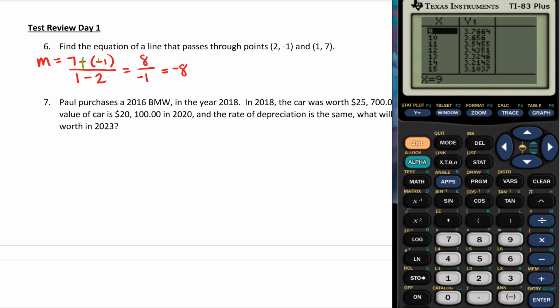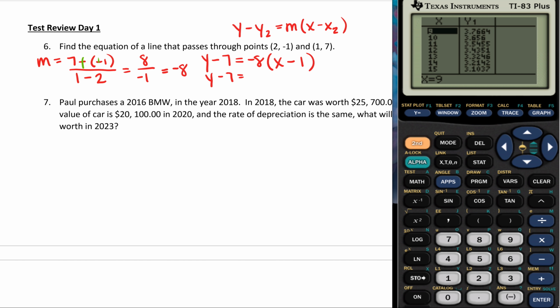If we're finding an equation of a line that passes through a point, I prefer to use y minus y2 is equal to m times x minus x2. It doesn't matter which one you use as long as you use the same point. All right, so I have y minus 7 is equal to negative 8 times x minus, if I use 7, I'm going to use my 1.